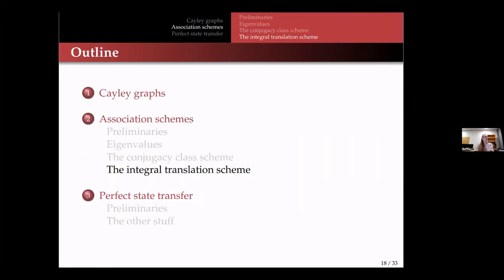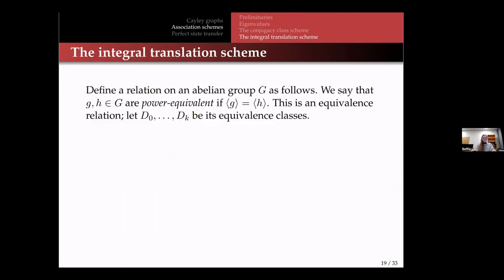So for every group, we have this conjugacy class scheme. For every abelian group, we have a translation scheme, or we have the abelian group scheme and its subschemes, which are translation schemes. But we want to actually look at a particular subscheme, which is the integral translation scheme. And we define it as follows.